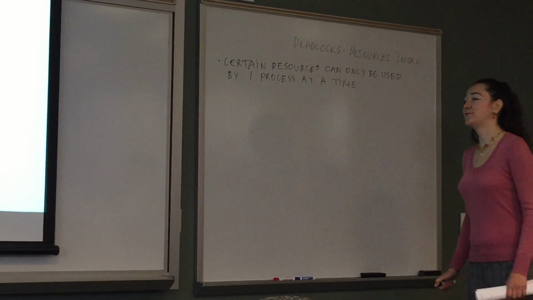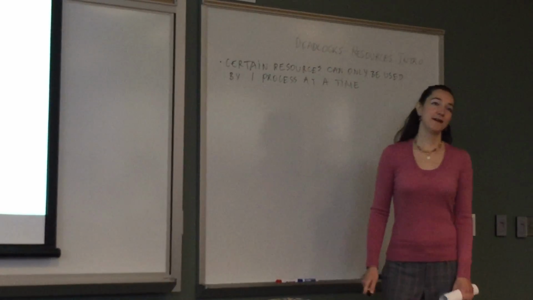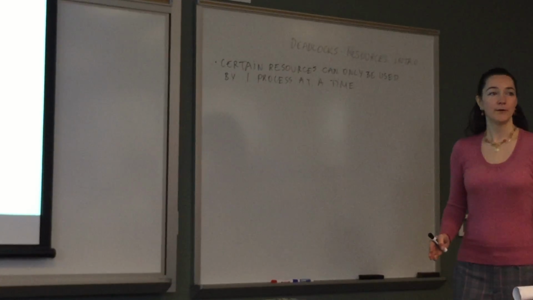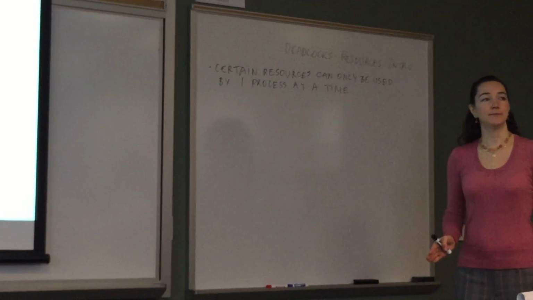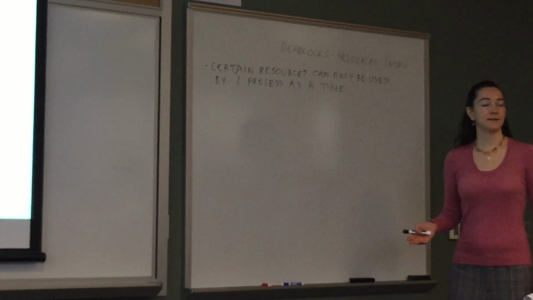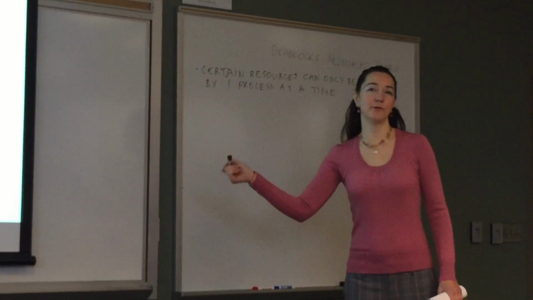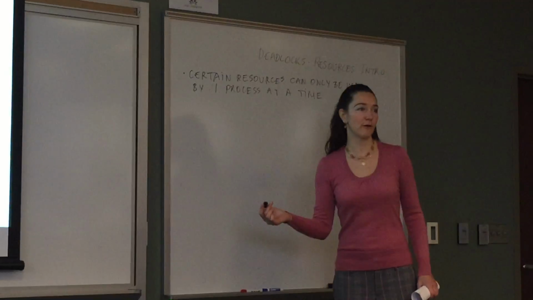We mentioned that before. We gave an example with a printer. Remember that? We said if two processes are trying to use the printer at the same time, and we actually allow that, then the printer will start printing one line from the one program, and one line from the next program, and the third line from the third program.